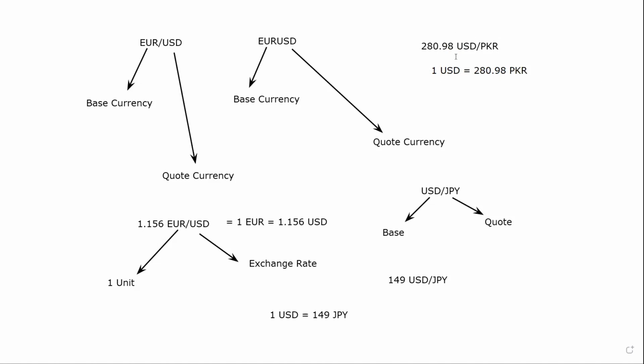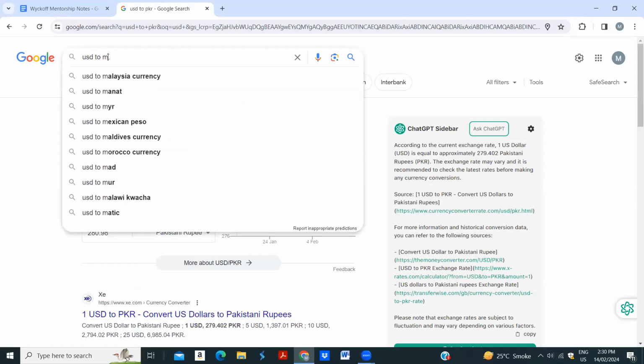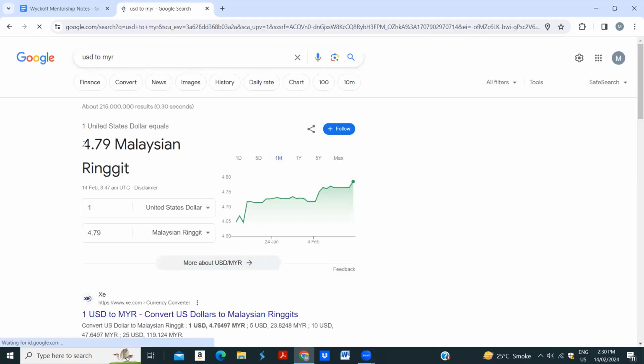Remember this, okay? Let's suppose I give you another example. Let's take Malaysia, USD to MYR, which is 4.79. So what does this show?